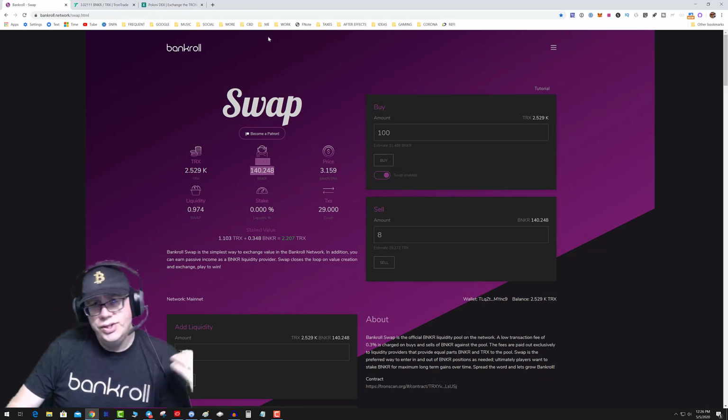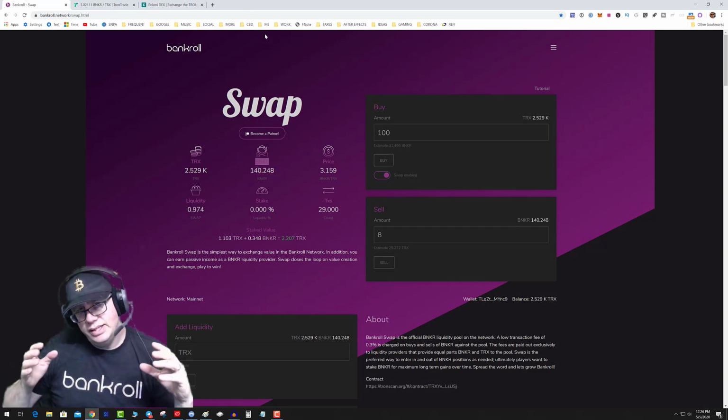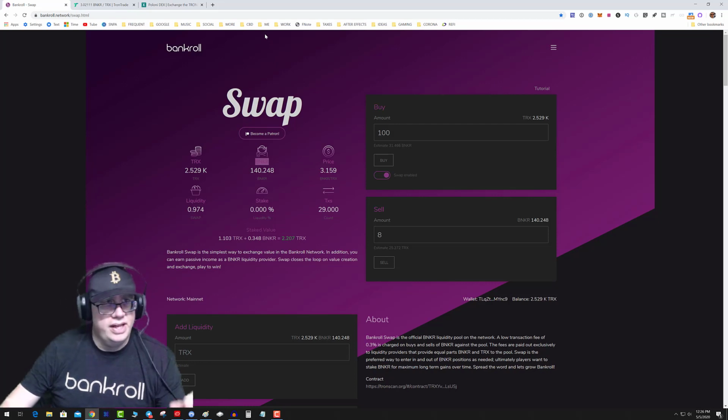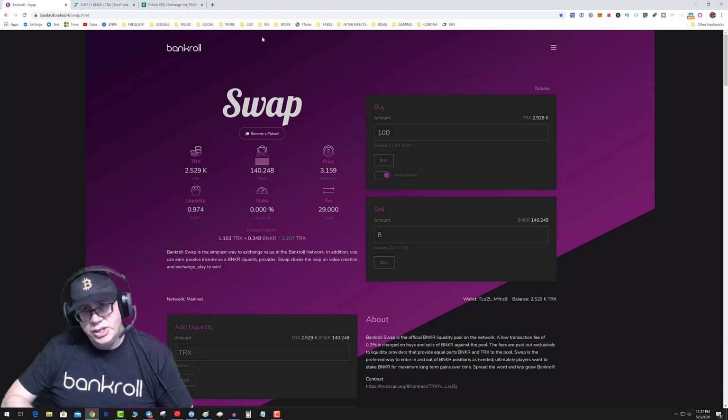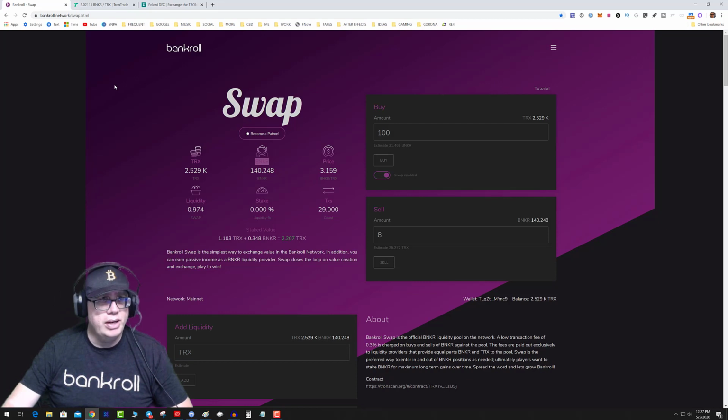Super easy. So what do the implications of this have for the Bankroll network? Well, number one, it creates a much more stable environment for Bankroll on the Banker token, which is the store of value on Bankroll. And then number two, like I said, you don't have to play all these silly games.